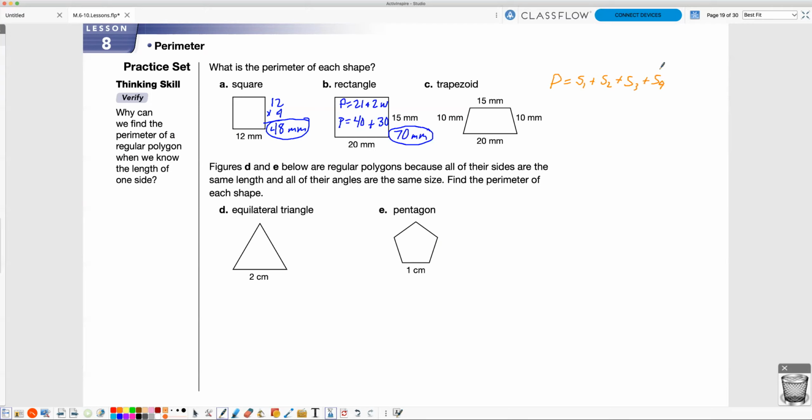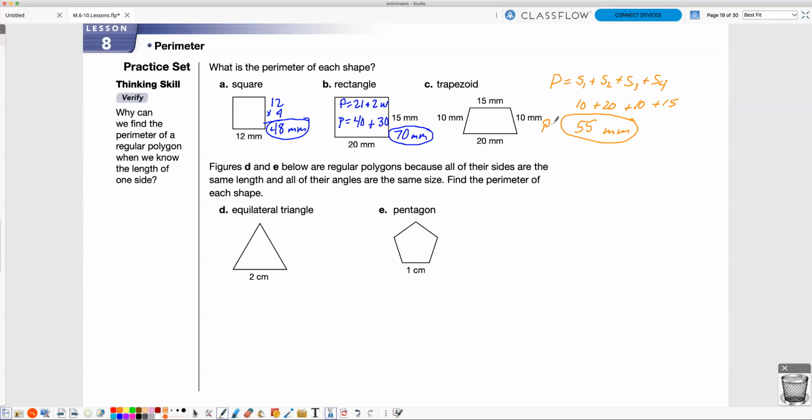There's 4 sides, and each one of them is represented there. So you could just say that's 10 plus 20 plus 10 plus 15, and they're all labeled millimeters. So that'd be 10, 30, 40, plus 15 makes 55 millimeters, if you answered that.